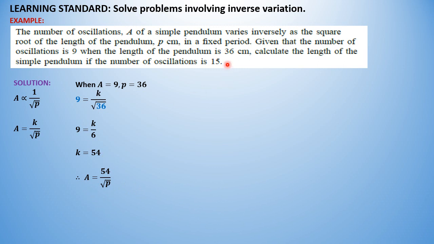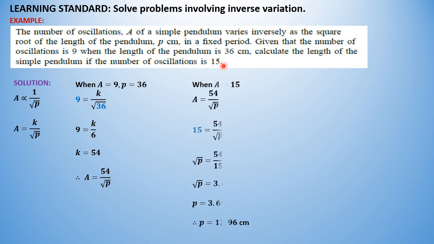After that, how about the third information? The third information, they give you the length of the simple pendulum. Calculate the length. Okay, that means calculate P. When the number of oscillation is 15, that means they give you A equal to 15 here.